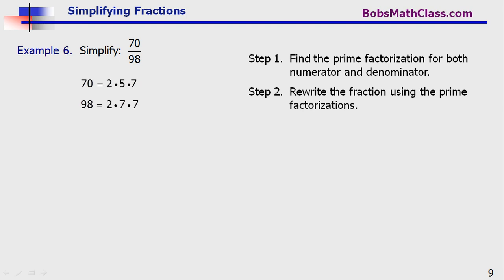Okay, now rewrite the fraction using the prime factorizations. Okay, so what cancels this time? Right, a 2 on top with a 2 on the bottom. It's got to be one number on top with one number on the bottom.